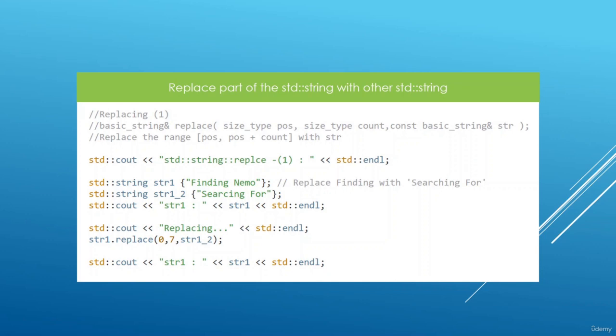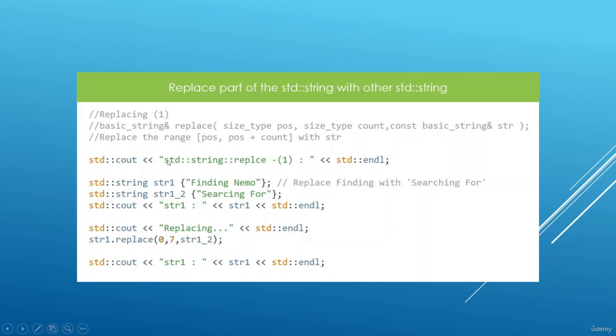Here we have an example, and what we want is to go in str1 here and replace this finding text with searching for. We are going to use our replace behavior on our std::string type, and we are going to say we want to replace the characters from index 0 through 7.